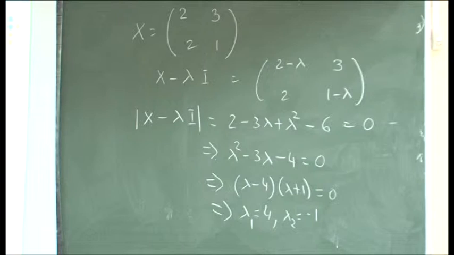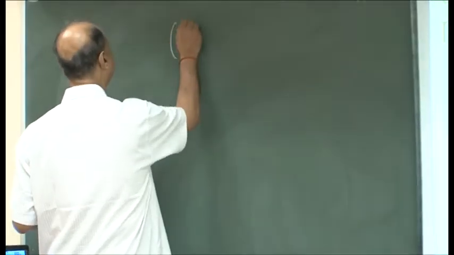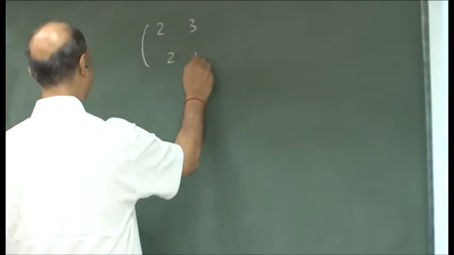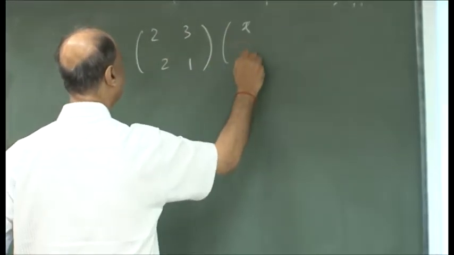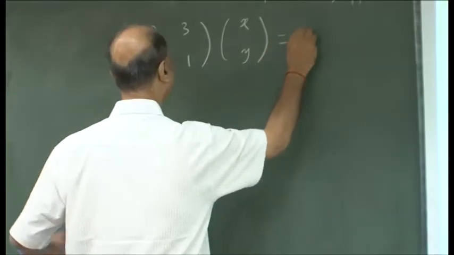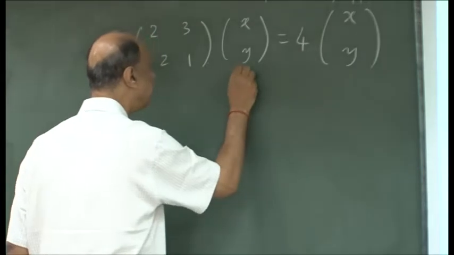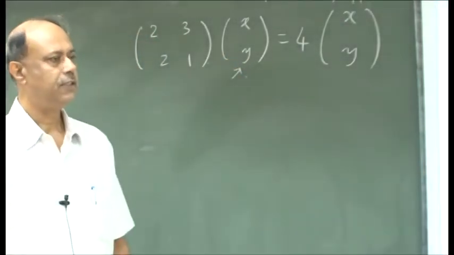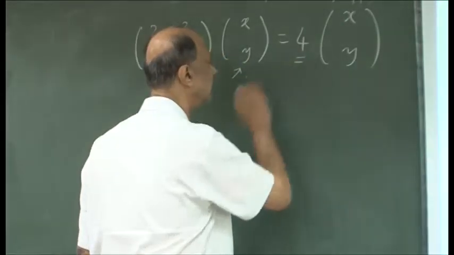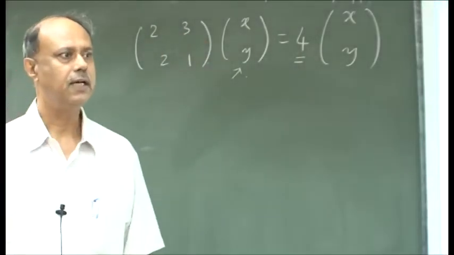Now, you have to find out what is your eigenvector. Now, you have 2, 3, 2, 1 times x y equals 4 times x y. See, this is the thing you have to find out, right. You have obtained only this part, lambda, but not the eigenvector.